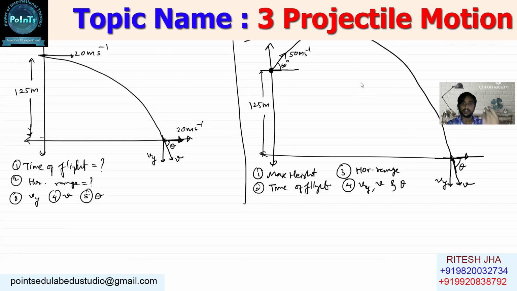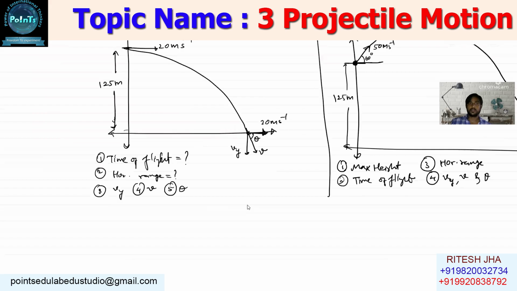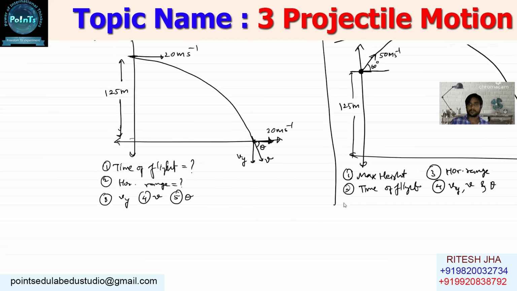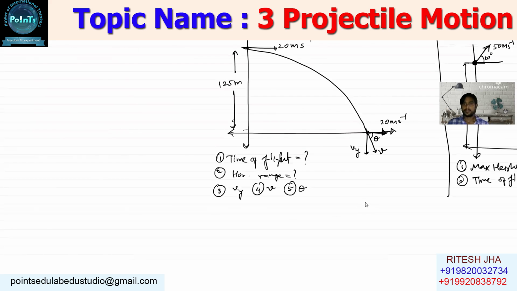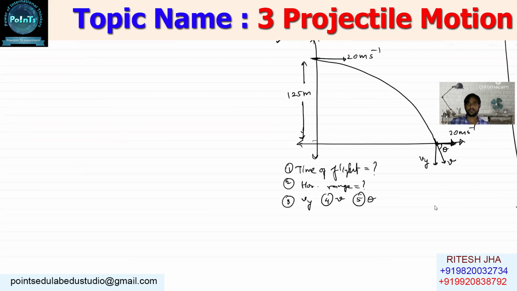So this third question is basically the combination of first two. I'm doing this second one, and I'll be leaving this third one for the homework. All right, so let's do this question.